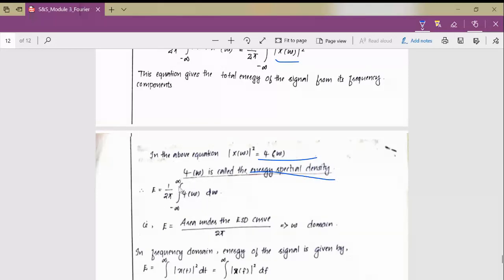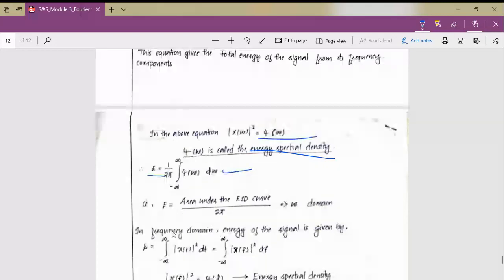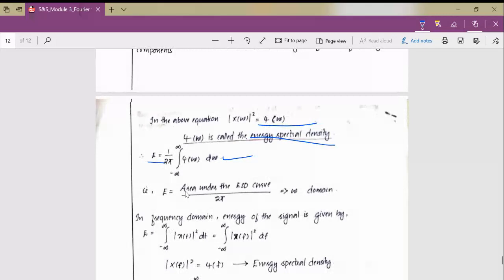Then E, the total energy of the signal, is equal to 1 by 2 pi integral minus infinity to infinity psi of omega d omega. This is in the frequency domain. Also we can say that in the frequency domain the total energy of a signal will be the area under the energy spectral density curve divided by 2 pi.